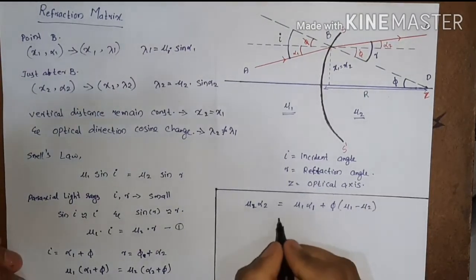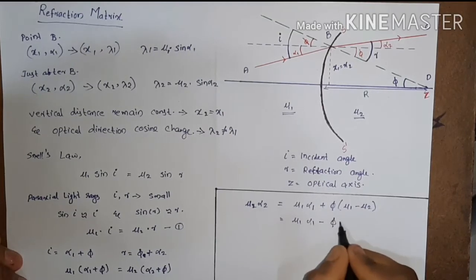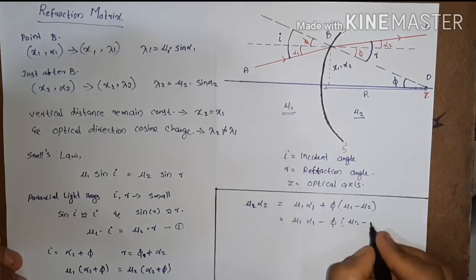Taking a negative outside, mu1 alpha 1 minus phi into mu2 minus mu1.